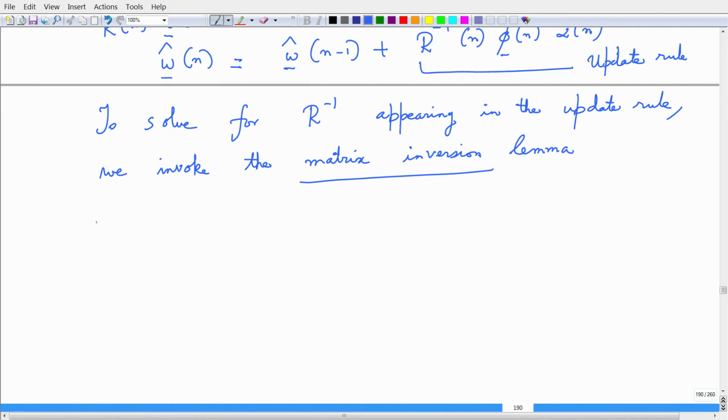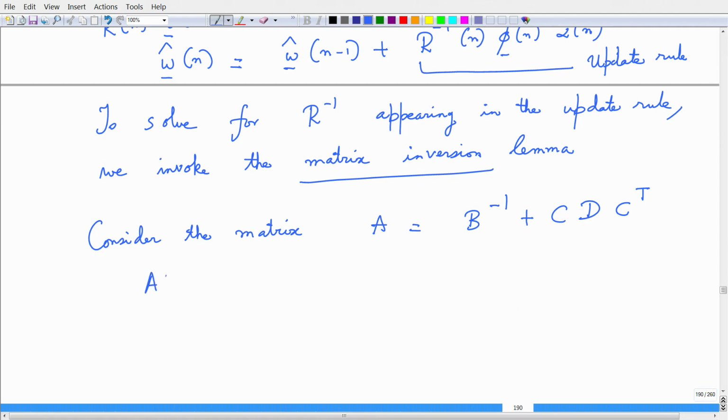Now here is the statement. Consider the matrix A equals B inverse plus C times D times C transpose. I will define what these values are. Assume that these matrices can multiply, consistent with the matrix multiplication rules.